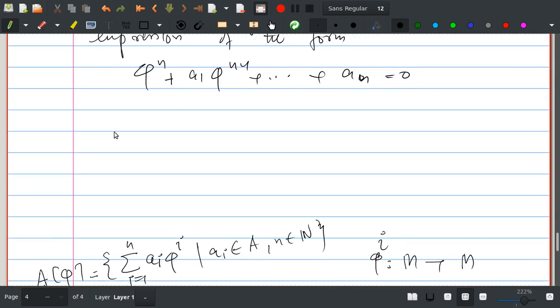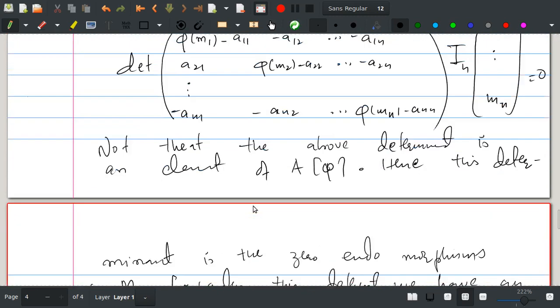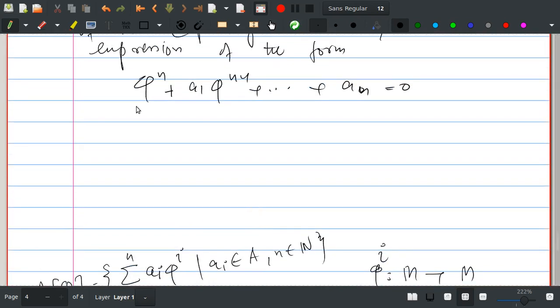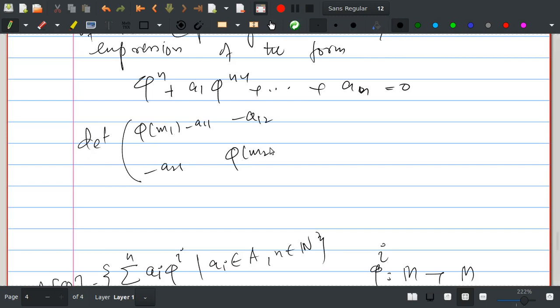So let us see what would happen if this matrix is a 2 cross 2 matrix. Let us expand the determinant. If we look at this determinant, it is phi minus a11, then minus a12, minus a21, and phi minus a22.